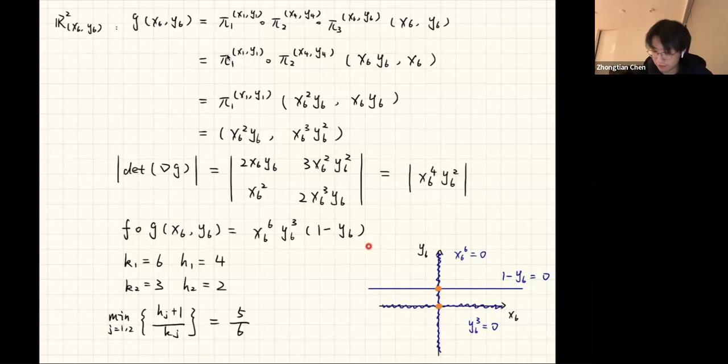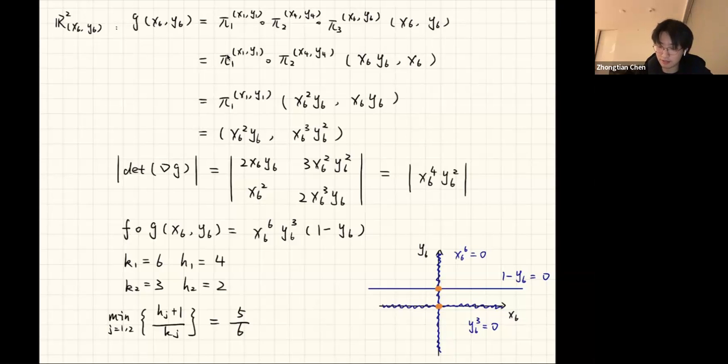And we also have computed that on this chart, the polynomial will look like this. Then in this case, K1 is 6, H1 is 4, and K2 is 3, H2 is 2. Then we take the minimum one, this one will give us 5 on 6. This one will give us 3 on 3, which is 1. So the minimum one should be 5 on 6.